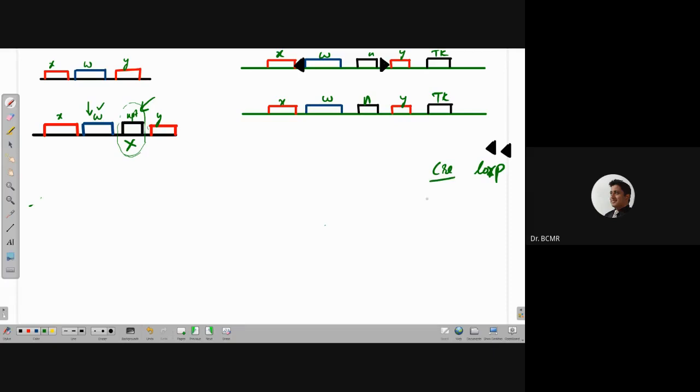Cre is the recombinase. The name of the recombinase, I think it is from one of the phages. So the sites are called LOXP, and the recombinase name is Cre recombinase.